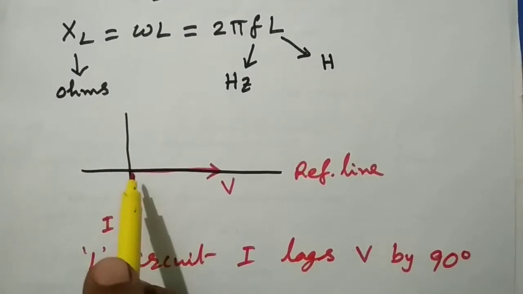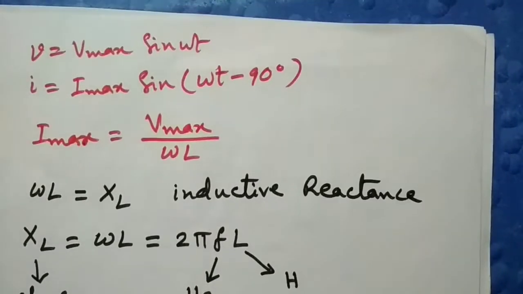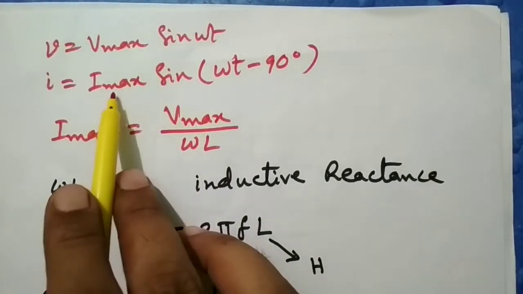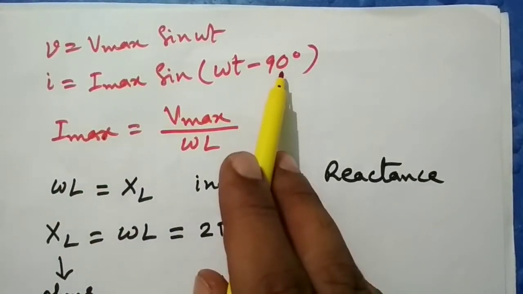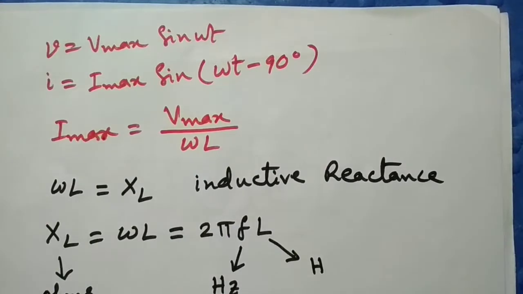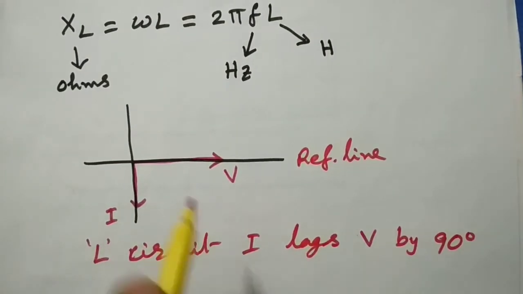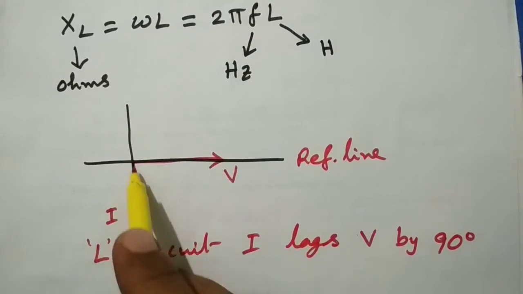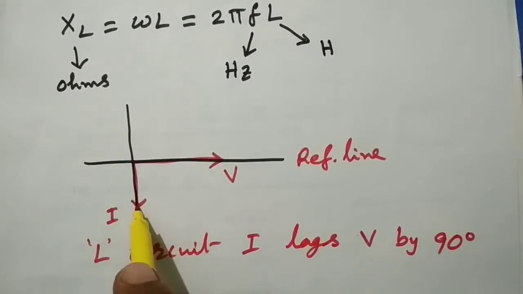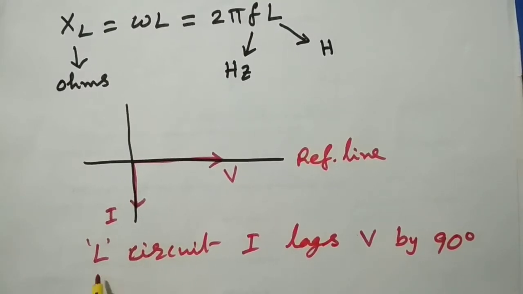That we can see here. The V is Vmax sin omega t. So the current is Imax sin omega t minus 90 degree. In phasor diagram, V should be in the reference line and I should be 90 degree in the lagging position. That means in the downward side. So for a purely inductive circuit, the current will lag the voltage by 90 degree.